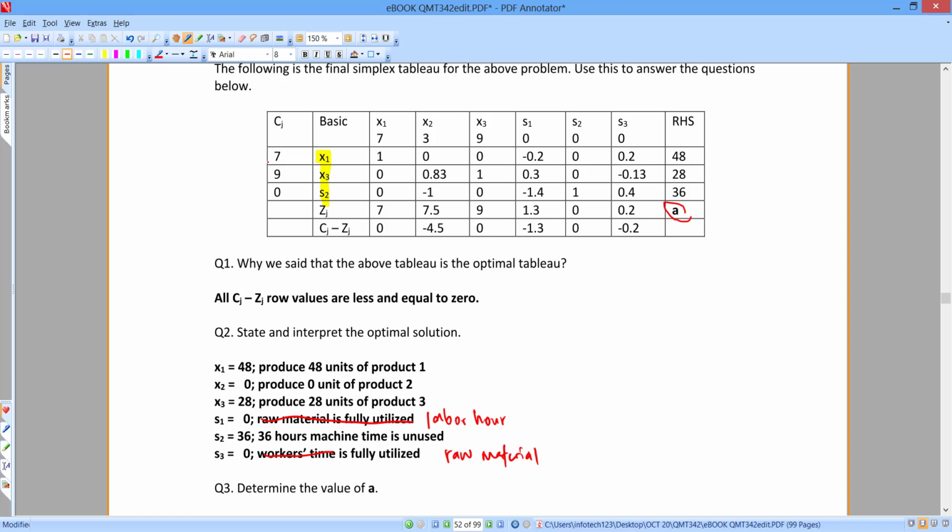So by column you have to highlight this 7 and 9, multiply with, not 7 and 9 only, 7, 9 and 0, multiply with this right hand side value, you will get the value of A lah by column.